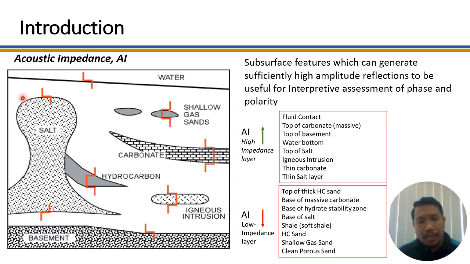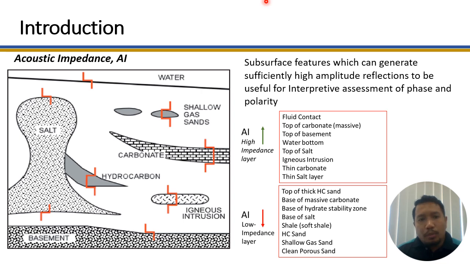For example, top of salt is a good reflector because the acoustic impedance contrast between salt and the surrounding rock is typically very high. However, the top of salt may not be smooth enough to produce a strong reflection, and the contact between salt and the surrounding rock may be gradational. This means that the phase of the reflection from the top of salt may vary depending on the location, meaning that it's not a continuous reflector.